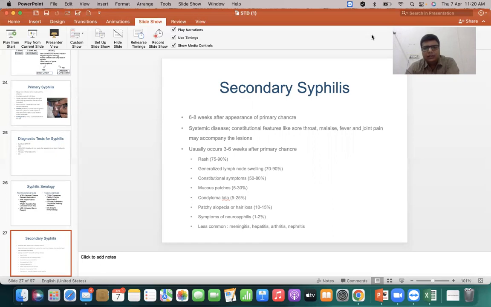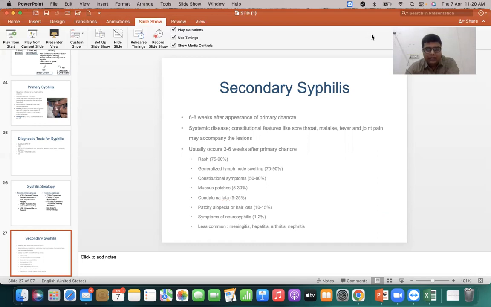So what are these lesions? There will be rash in 75 to 90% of patients. Rash can be of any kind, like papules, plaque, except bulla.